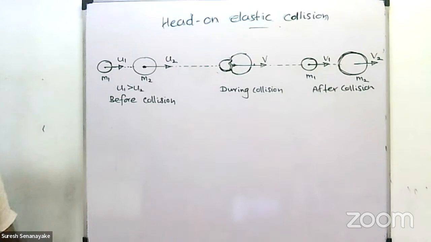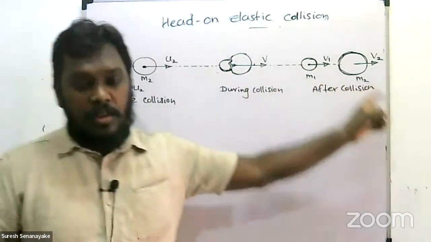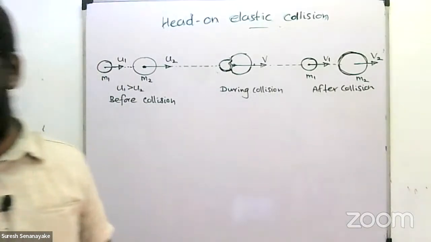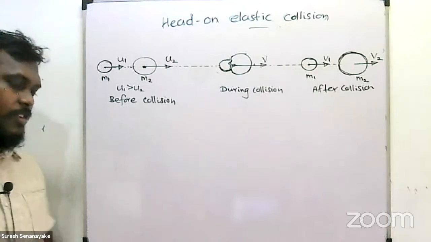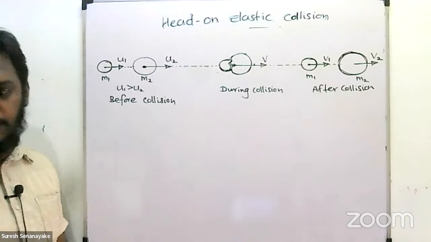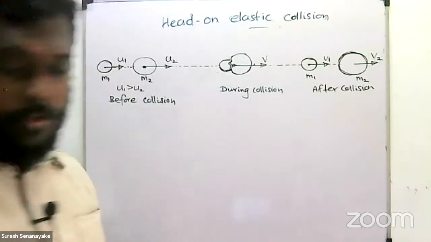Let's draw this one. That's a horizontal collision, all moving in the same line. If this line is changed, when you consider momentum, you have to consider it in a particular direction. You need to consider the components of that velocity as well.